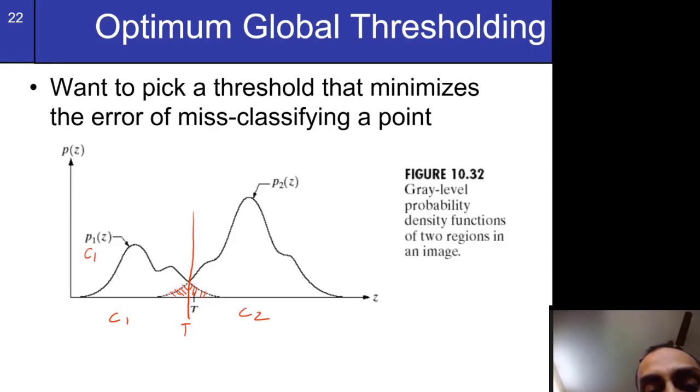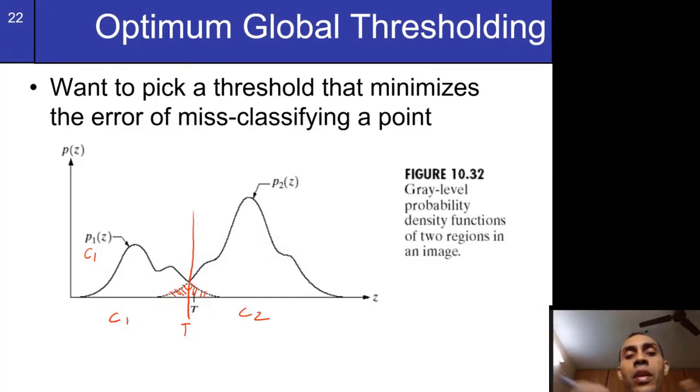And similarly, these intensity values which actually belong to class 2, you will classify into class 1. So the more the distributions merge, and if they are not tight, if they are more spread out and merging with each other, you will end up misclassifying many regions.